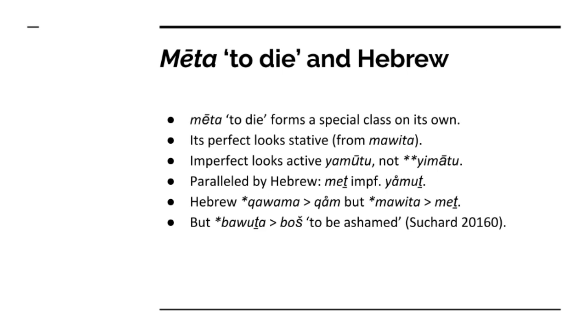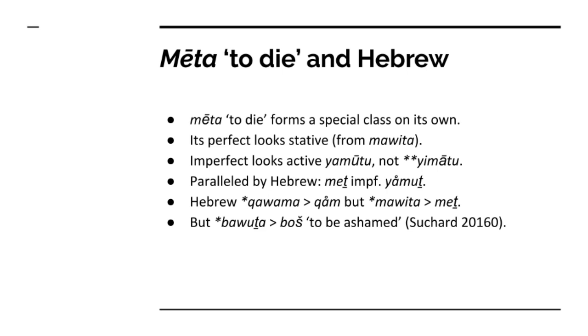Some nice parallels show up with this. Mata is a kind of a weird class within the verbal system of Arabic because its perfect looks stative, so it has an i vowel in the second vowel slot, mawita originally, to mita, while the imperfect looks active. You get yamutu and not yimatu as you might expect. This is paralleled by Hebrew, actually, because Hebrew has a nice meth, but imperfect yamuth.